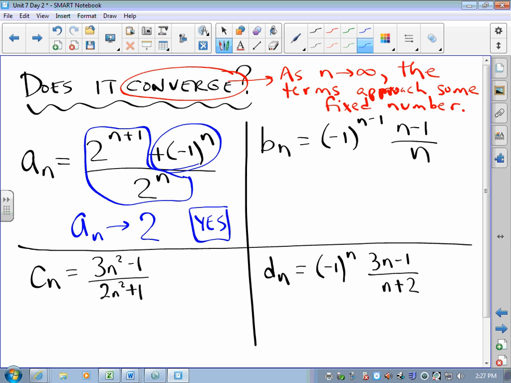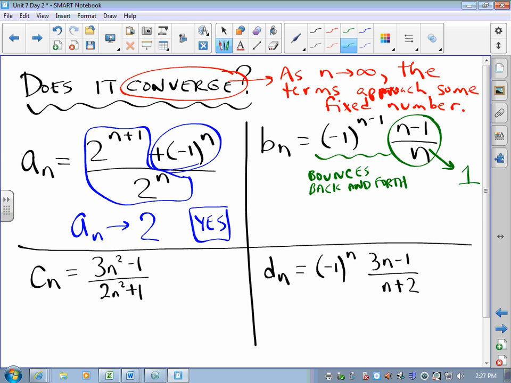Well, let's take a look at B sub n. What did you say in the B sub n case? Well, in the B sub n case, this gets closer and closer to 1, and this bounces back and forth. If you want to sound really smart at a math party, we call that oscillation.